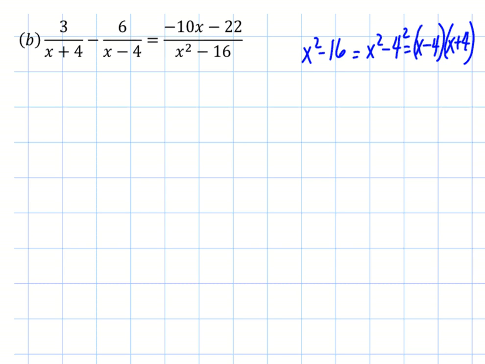Okay, now that we've figured that out, we're going to do the same thing we did before. We're going to multiply everything by x minus 4 times x plus 4. Again, you're going to see that if it's an x plus 4 in the denominator, they will cancel out and you'd be actually multiplying by x minus 4. But we'll go through the whole process here.